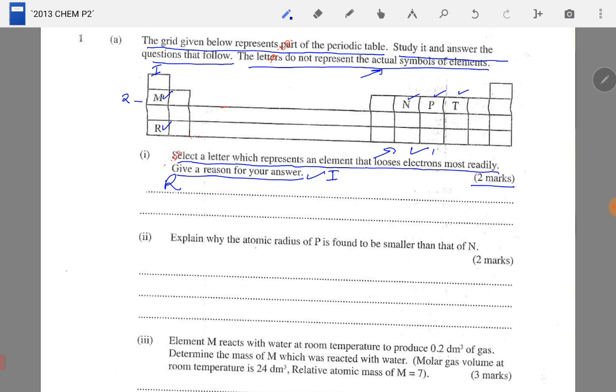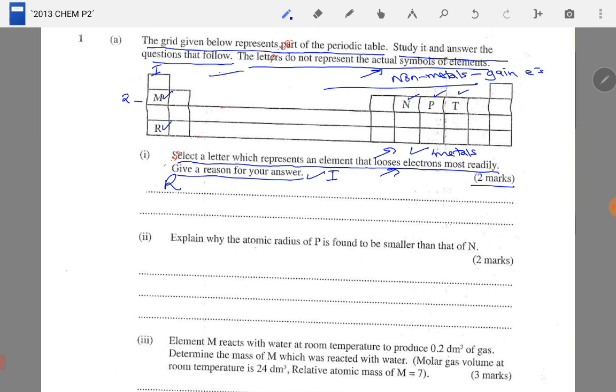The question, the way it is written, loss of electrons only occurs in majorly metals, but this side, the non-metals gain electrons.